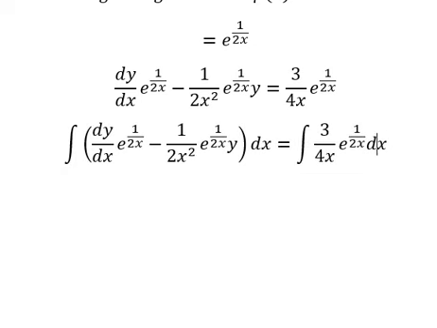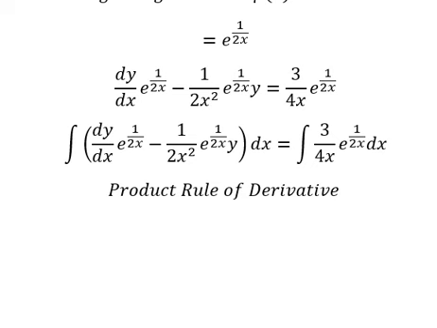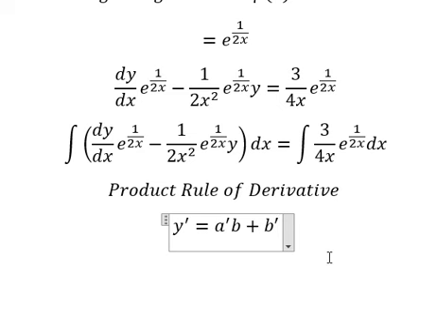Next, we can use about the product rule of derivative. So we have first derivative of y equals to first derivative of a multiplied by b plus first derivative of b multiplied by a.